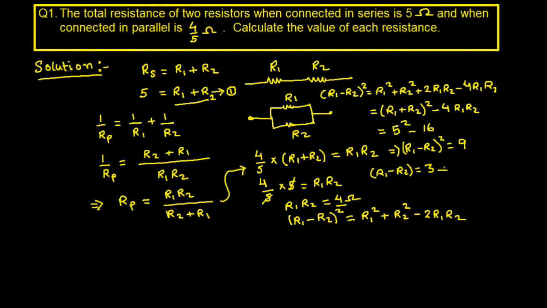So let us mark this one as equation number 2. From equation 1, we have R1 plus R2 equal 5 ohm. And from equation 2, we have R1 minus R2 equal 3 ohm.